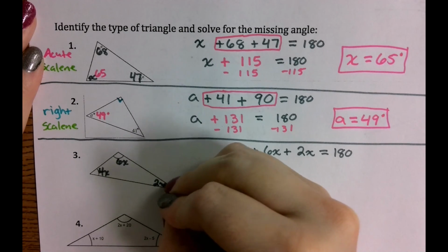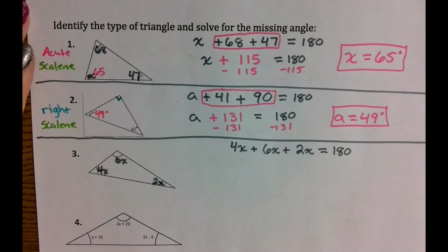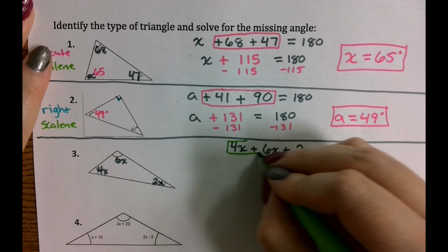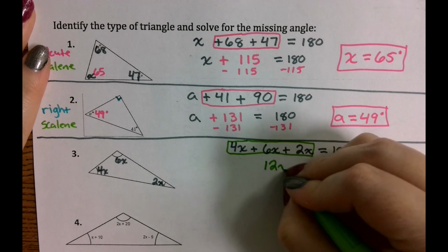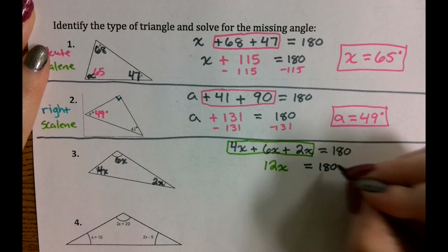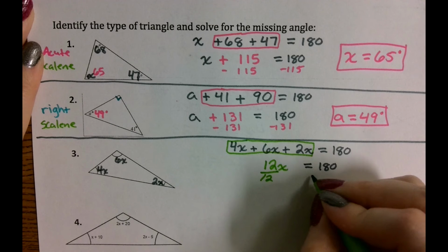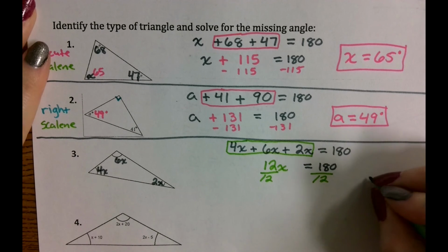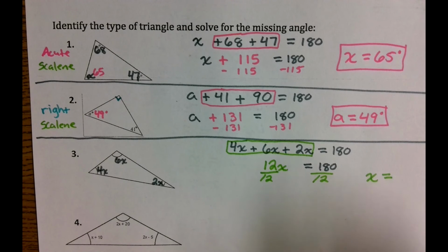This one was 2x. And we combine them all together. So what is 4x plus 6x plus 2x? 12x. So we have 12x is equal to 180 degrees. So this time we're going to divide by 12. Divide by 12 and we'll get x is equal to 15.